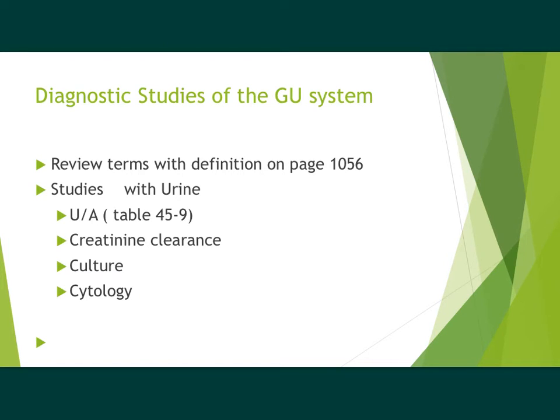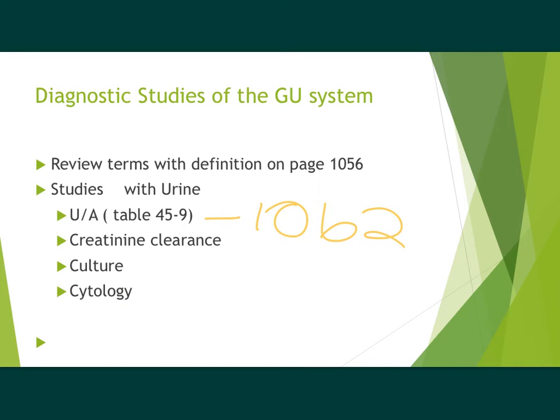The first one it talks about is a UA, urinalysis. Just know that on page 1062 are the normal values for urinalysis. This is something that we'll practice a little bit in class, but you can start to read through what's considered normal in a UA and what is not considered normal in a UA.